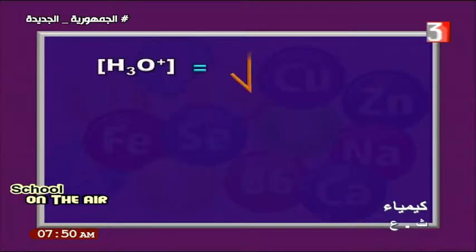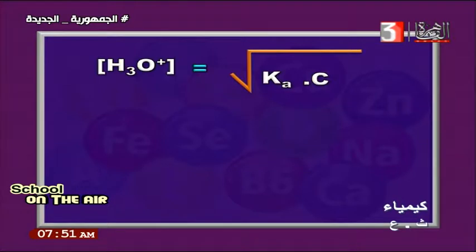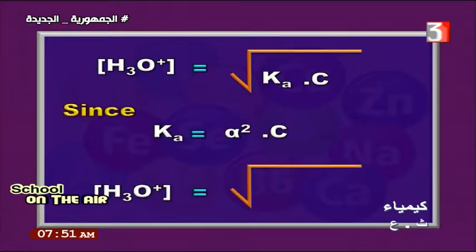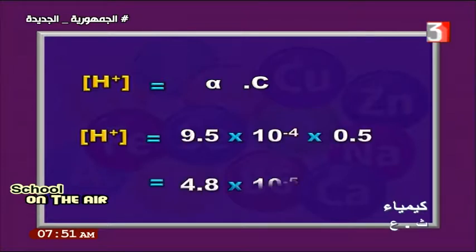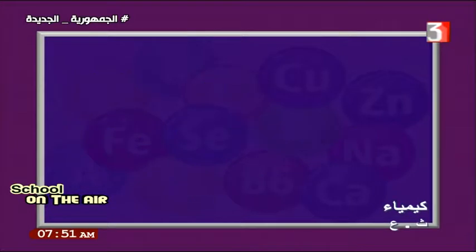As we know, hydronium ion equals square root of Ka times C. Since Ka equals alpha squared times C, the hydronium ion equals alpha times C. So the hydrogen ion equals the alpha, times the concentration 0.5, so equals 4.8 times 10 to the power negative 5.